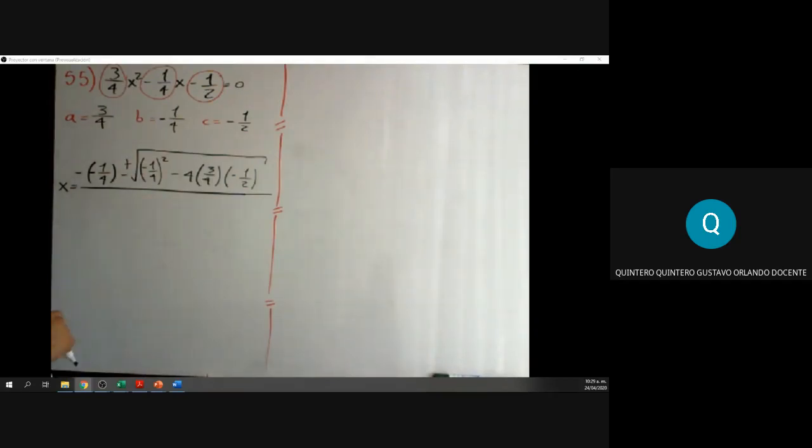Now let's go with the denominator. In the denominator, we have 2 times a, and the value of a is 3 over 4. So look at this. All I'm doing is replacing the values just like we did in previous exercises. The only thing that is different now is that these exercises have fractionaries.